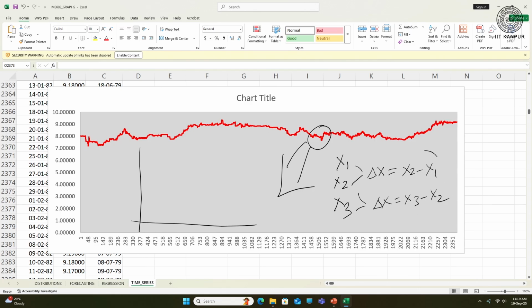If you can find this as stationary, then I will use the first difference or the second difference to find the stationary process and do the studies such that we can find the properties and proceed accordingly. So, this first difference and second difference concept is very important, which I just mentioned. I will handle it accordingly in the subsequent class.